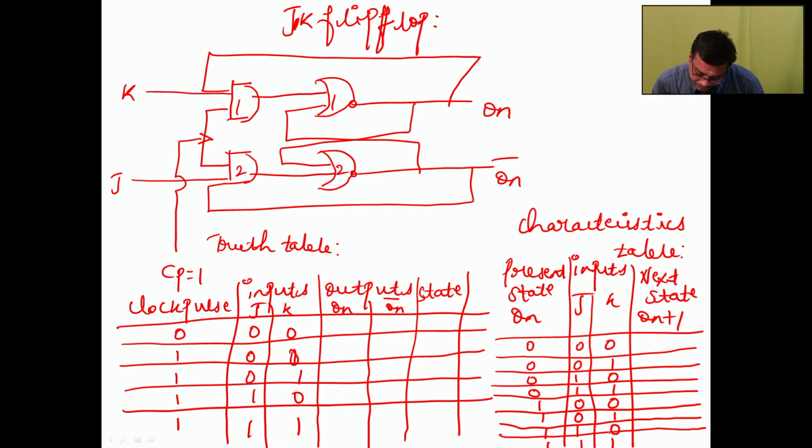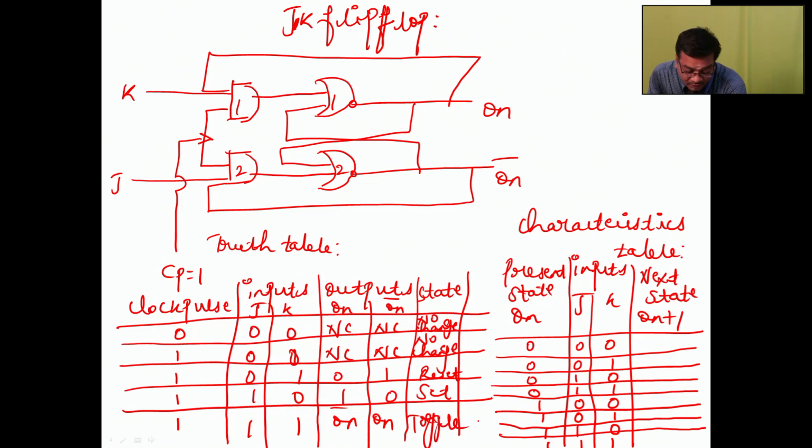So 0 0, no change. Similarly 0 0 1, it's no change. When we give 1 to K, we will get 0, so reset condition will be there. Next 1 0, set condition will be there. Then Qn bar and here Qn, it's a toggle. We can check this truth table and then derive this characteristics table.